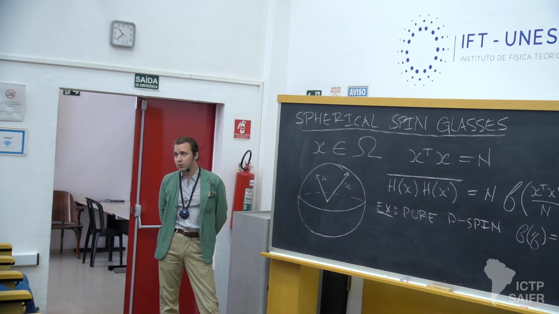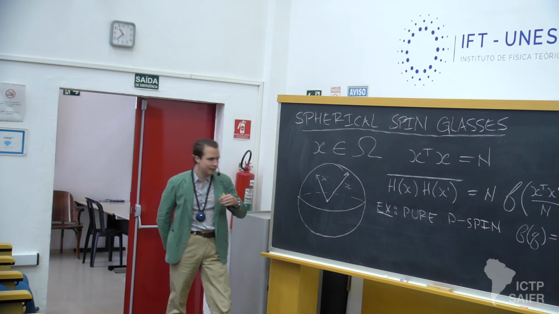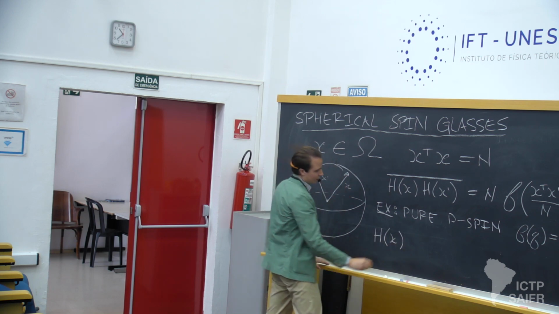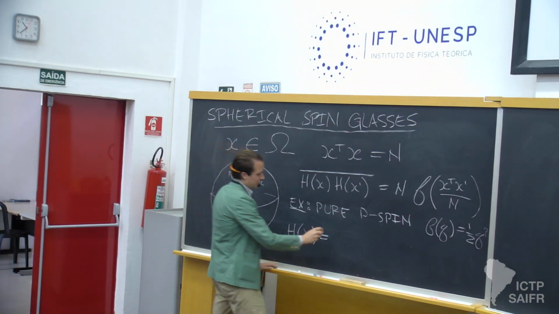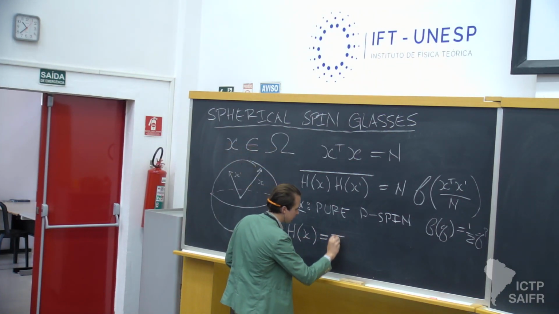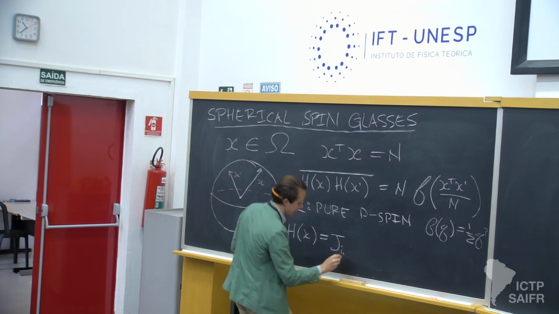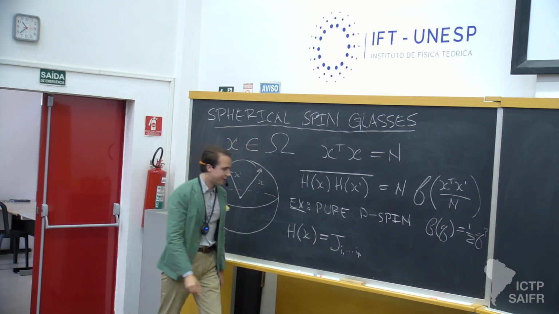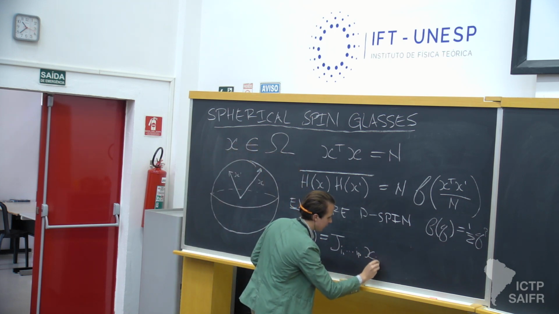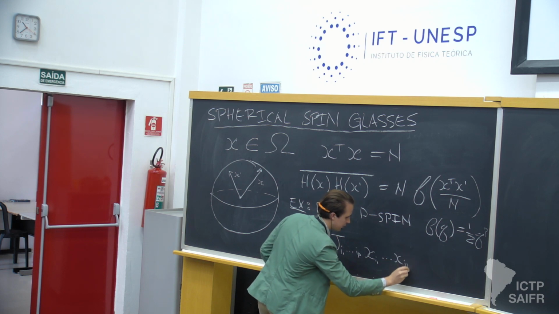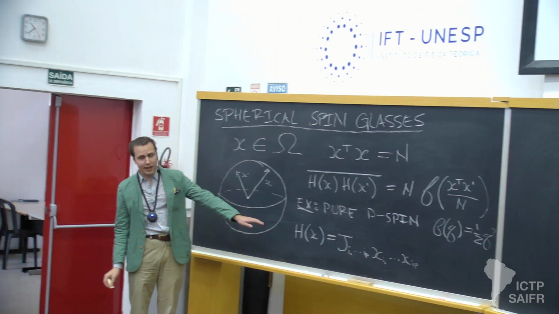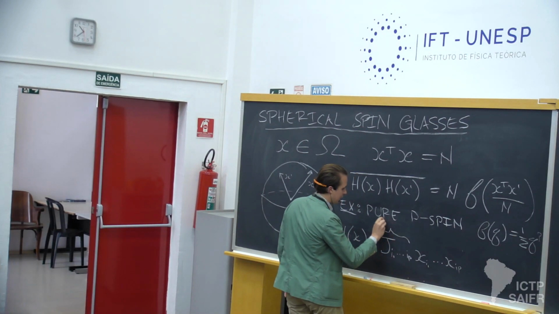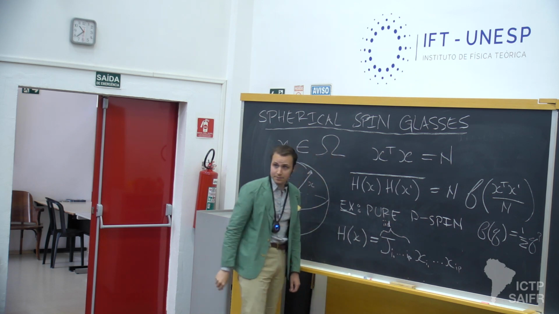And a set of functions which create a model with this covariance would be functions h of x equal to the contraction p times of a p tensor with the indices i1 through ip with the vector x, i1 through ip, where the elements of this tensor are taken to be IID Gaussians.